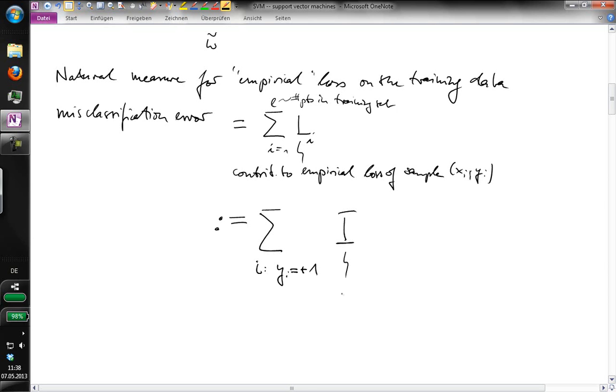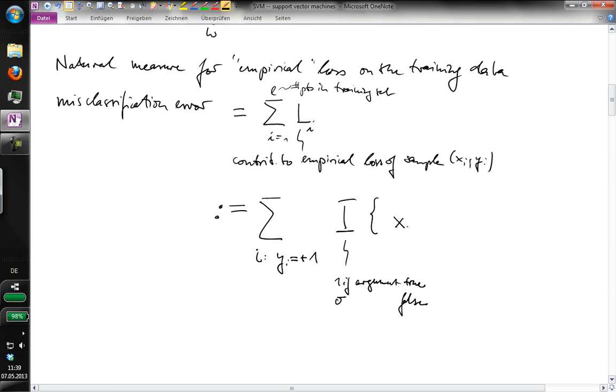The indicator function is 1 if its argument is true, and 0 if its argument is false. So the argument has to be a Boolean statement, and the statement that I'm making here is to ask if the score that I'm getting from my method is smaller than 0.